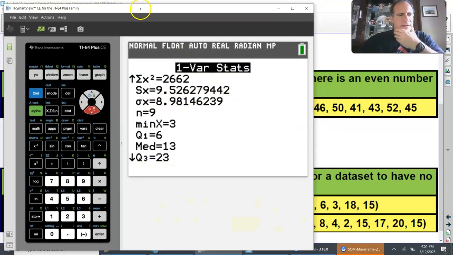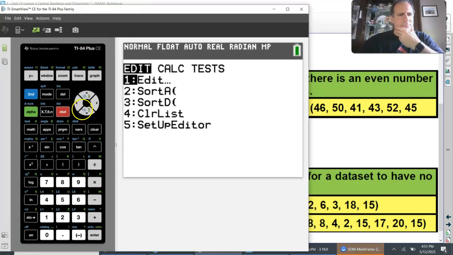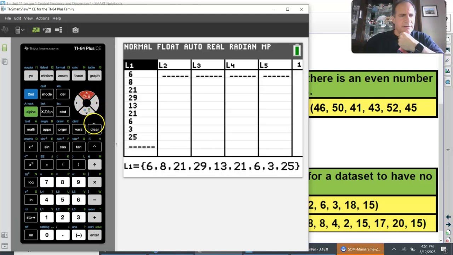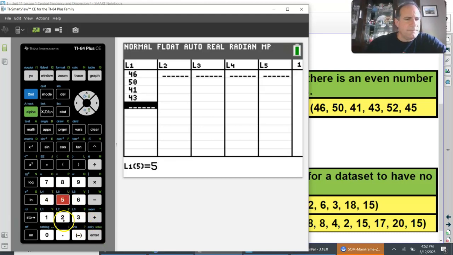I'm going to bring the calculator back up, go to Stat, Enter, clear it, go up to L1 and press Clear, Enter. Then we have 46, Enter, 50, 41, 43, 52, 45.